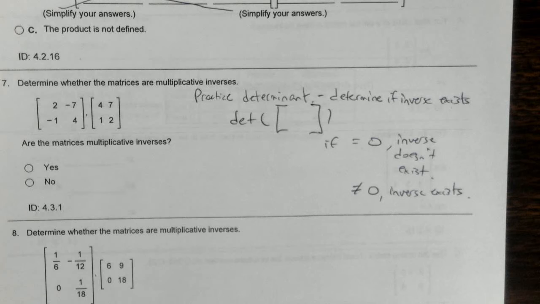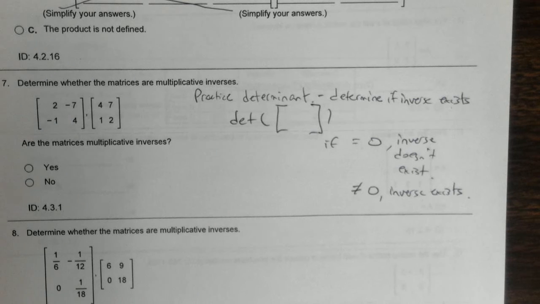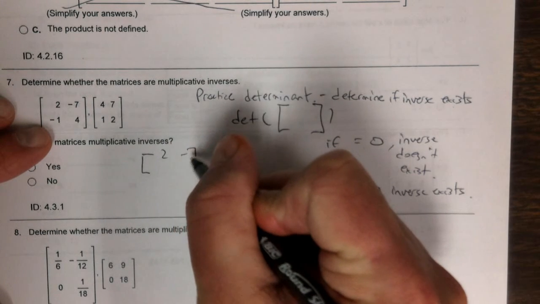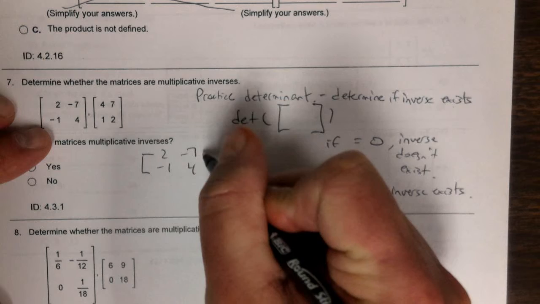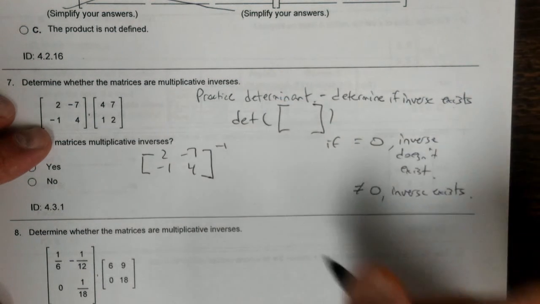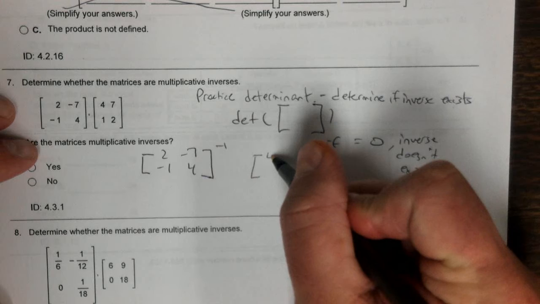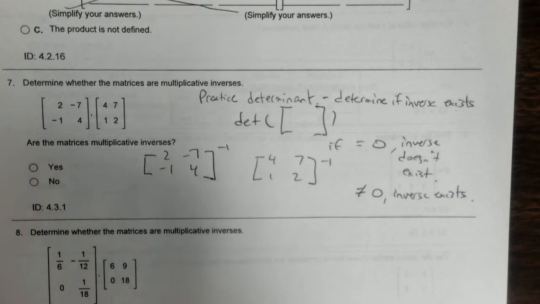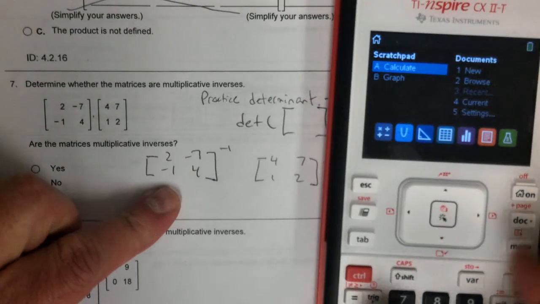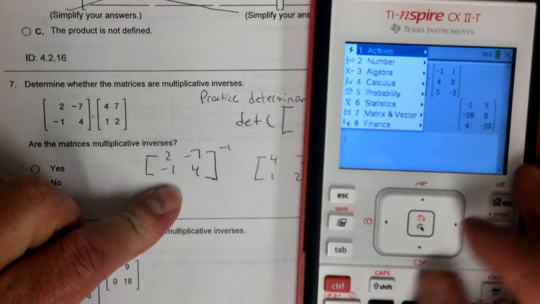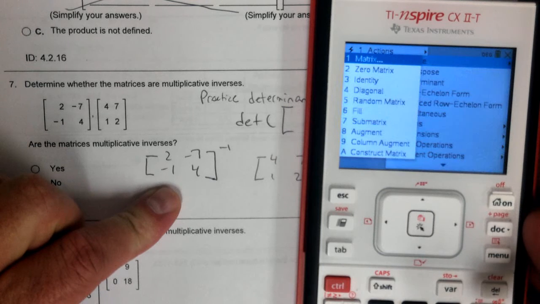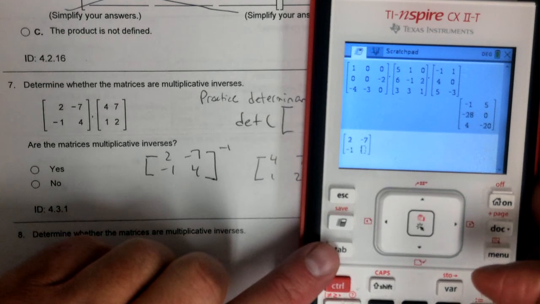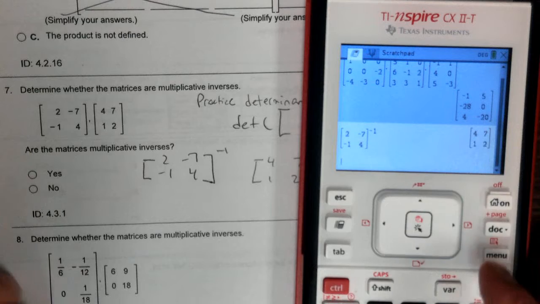So most of the time what we do is we just try the inverse and then see if it matches. And to do an inverse, you have to raise it to the -1 power. So again, on the calculate screen, 2, -7, -1, 4, raise to the -1.